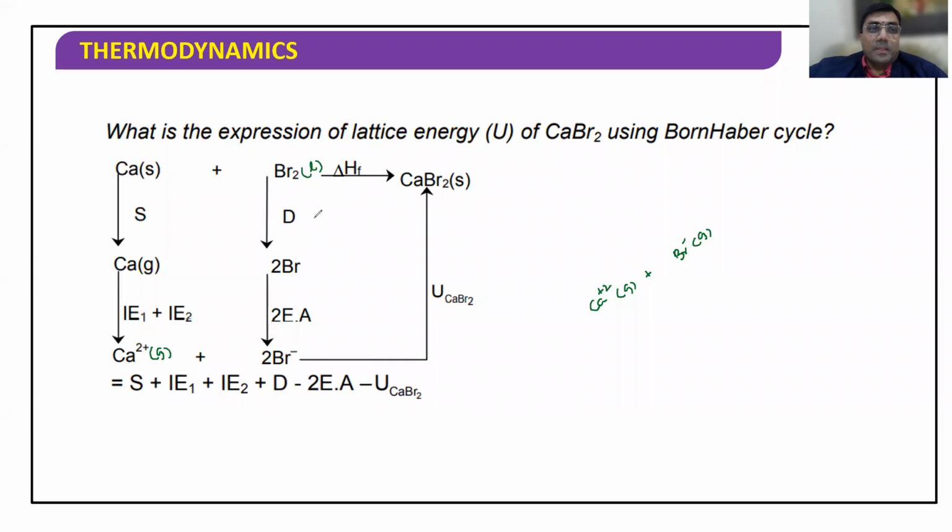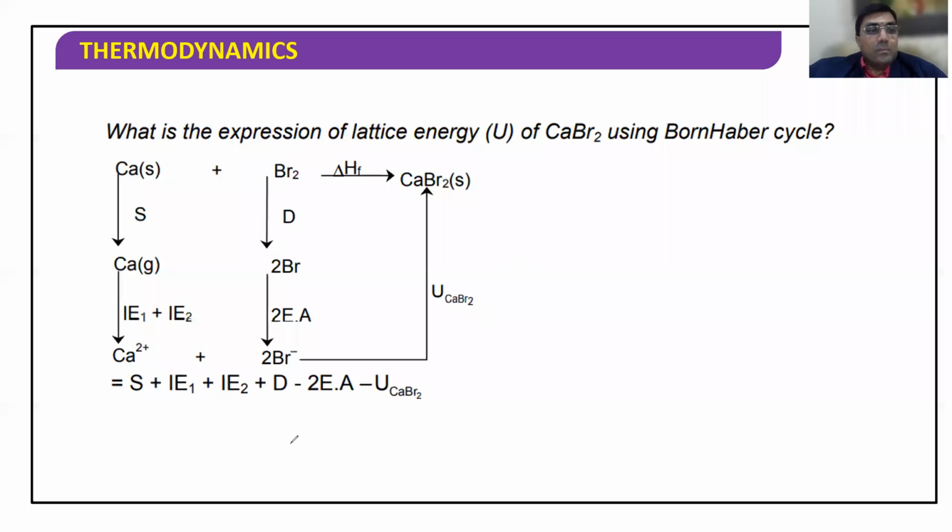Now you can dissociate it. It will become 2Br. That is dissociation energy. Now for 2Br, you add two electrons. Electron affinity. It becomes 2Br minus. This is electron affinity. Clear?